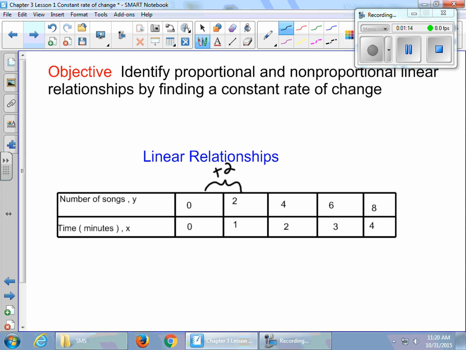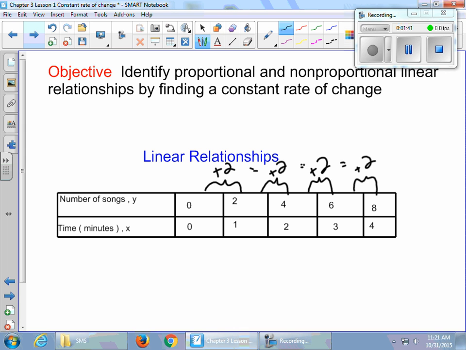From 2 to 4, once again, plus 2. From 4 to 6, plus 2. 6 to 8, plus 2. So we'd say our rate of change is plus 2, and that is constant because it's the same all the way through. So we have a constant rate for the number of songs.